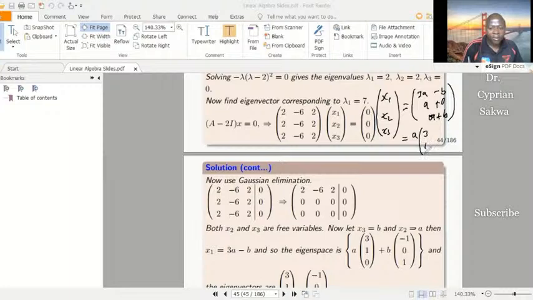And the column of b, if I factor b out, would have -1, 0, 1.